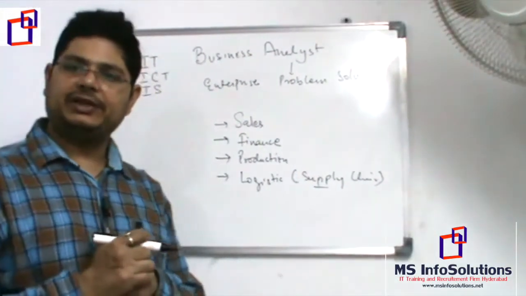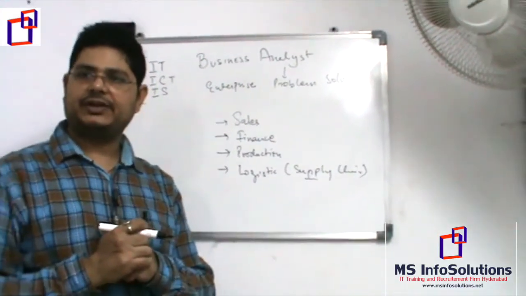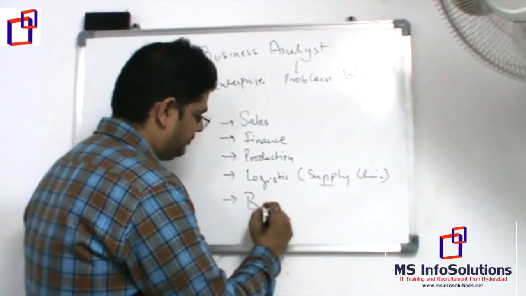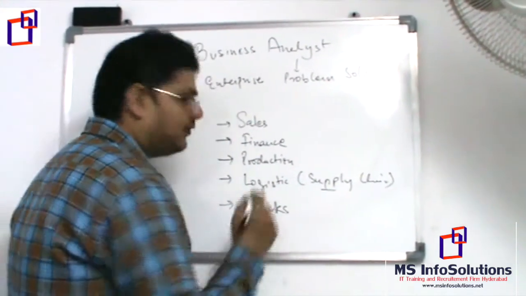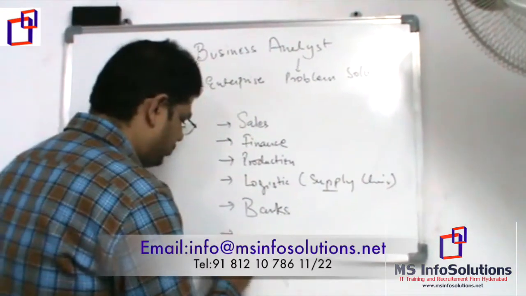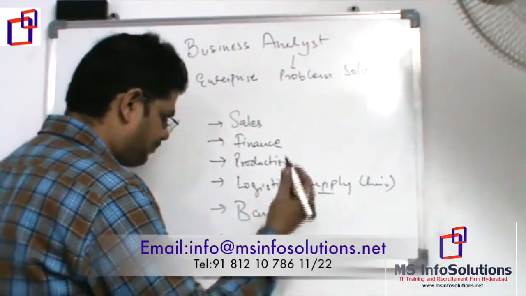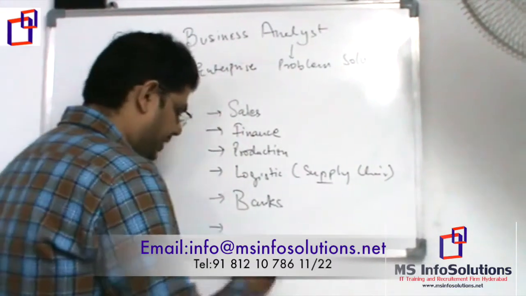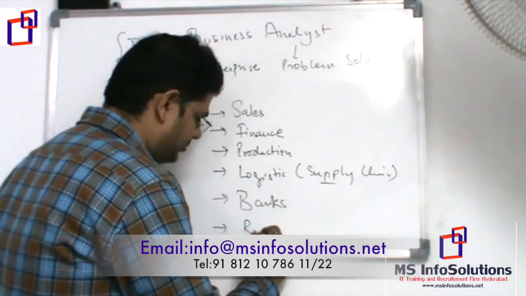Every company is tied up with a lot of vendor partners. For example, they have to tie up with banks for the financial transactions. If it's a manufacturing company, they have raw material suppliers.